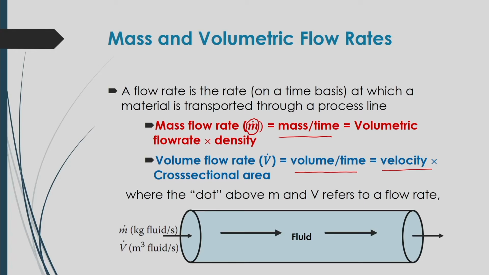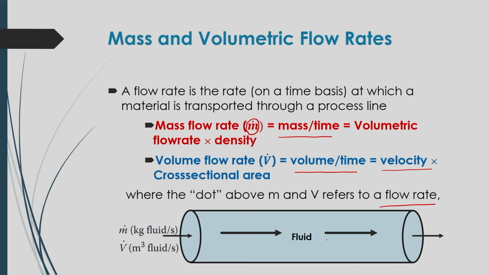And you have to remember that whenever you see a dot above variables like mass flow or volumetric flow, the dot above the m and v, as shown here in the slides, represents a flow rate.